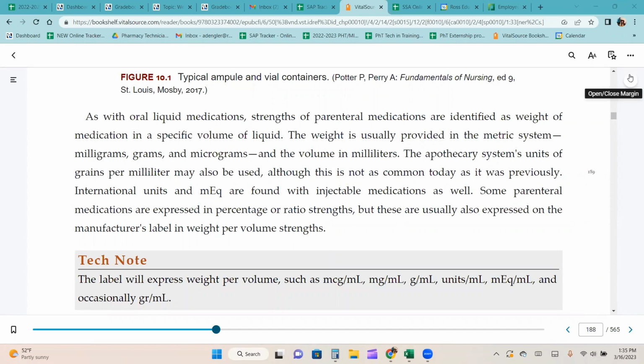The apothecary system's units of grains per milliliter can also be used, although this is not as common today as it was previously. International units and milliequivalents are found with injectable medications as well. Some parenteral medications are expressed in percentage or ratio strengths, but these are also usually expressed on the manufacturer's label in weight per volume strengths.